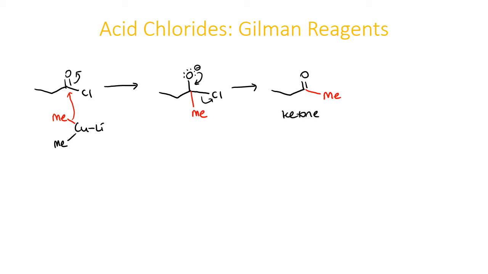So a ketone is significantly less reactive than an acid chloride. At this point, a Gilman reagent will not react with a ketone and the reaction stops. So Gilman reagents are just less reactive versions of Grignard reagents, but it's an excellent way to turn an acid chloride into a ketone.